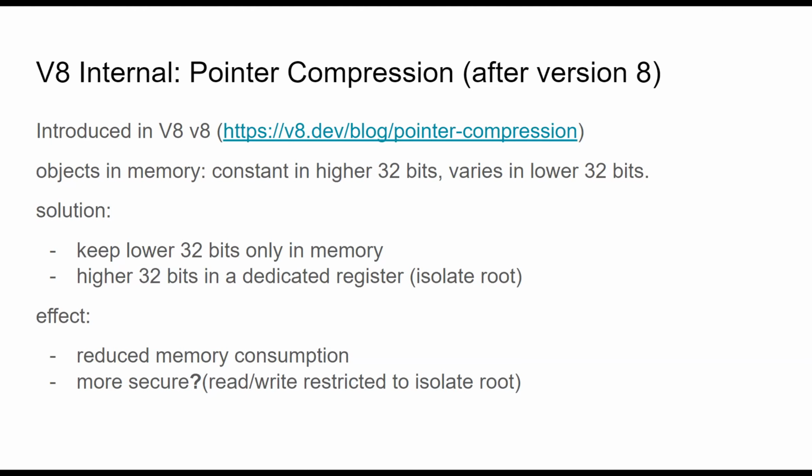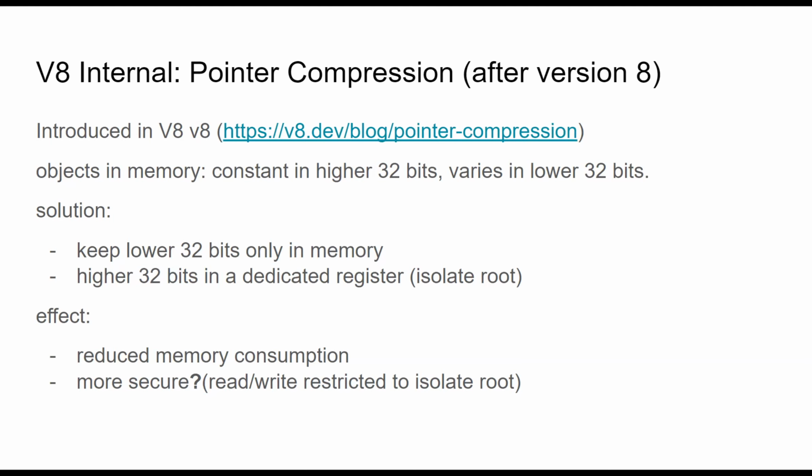But in another way, because now we only have the lower 32 bits in memory, regardless of whether we have a vulnerability in manipulating the memory, we can only change the lower 32 bits of the pointer.